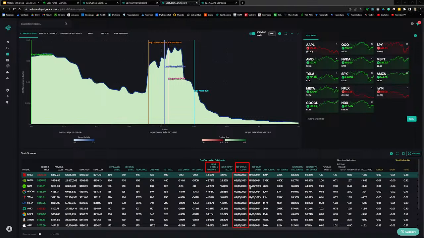This is pretty typical that even for stocks where traders often buy weekly calls and puts, a lot of the gamma will be concentrated in the monthly expiration, and that is shown here. Also, these percentage numbers are very high. According to SpotGamma, anything over 30% is significant.